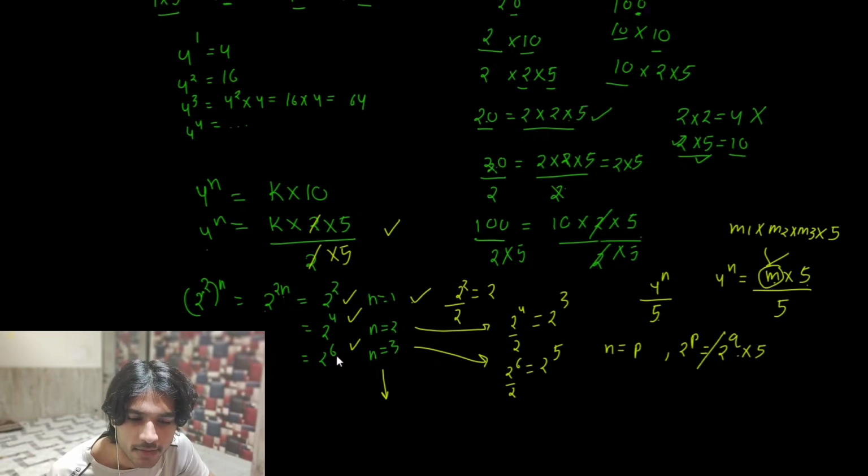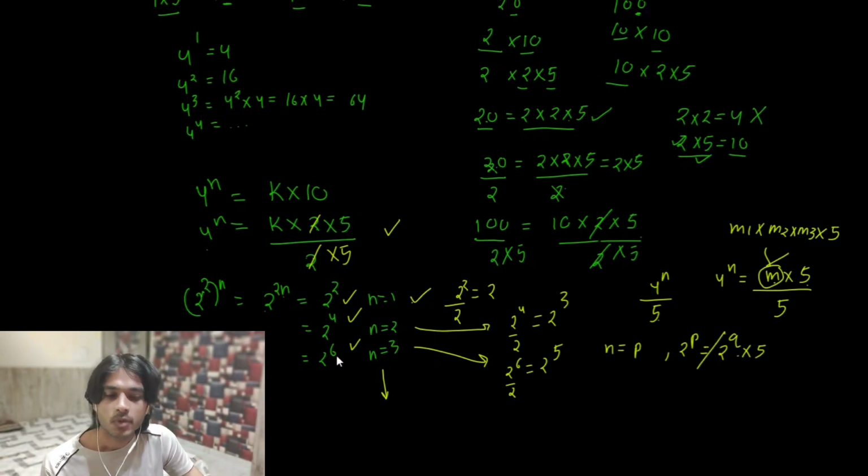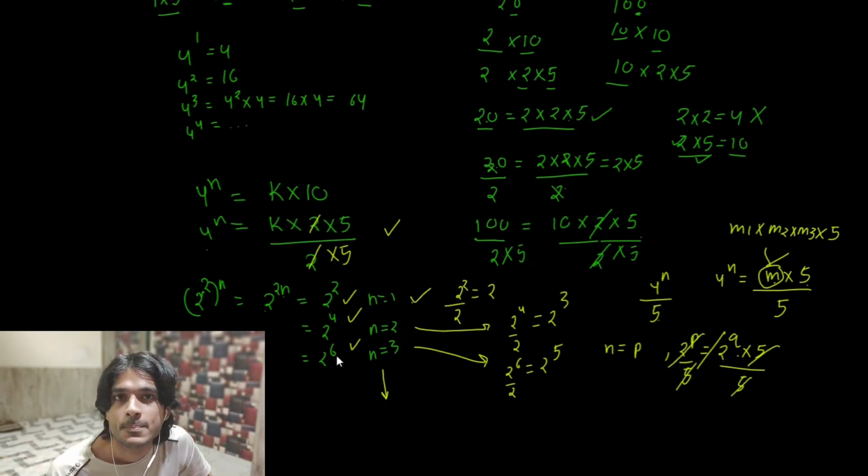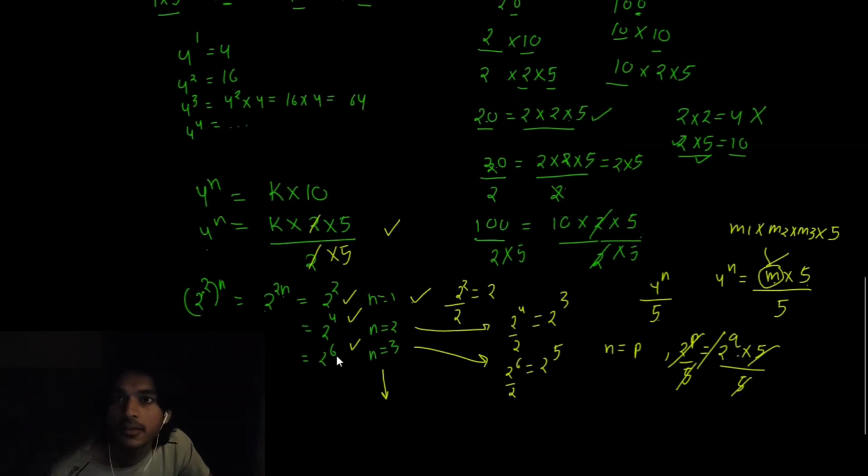I can't write this, because if I could, since 5 is dividing this side, 5 must divide this side too, but 5 can't divide 2, right? 5 can't divide 2, so this means that this is an absurdity, and we can't do this.